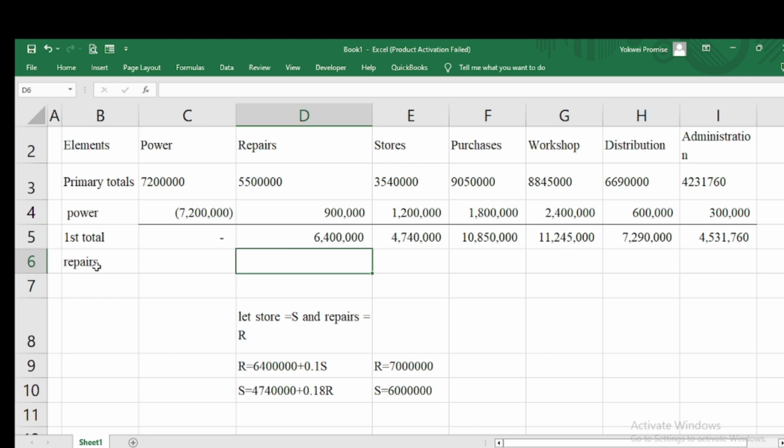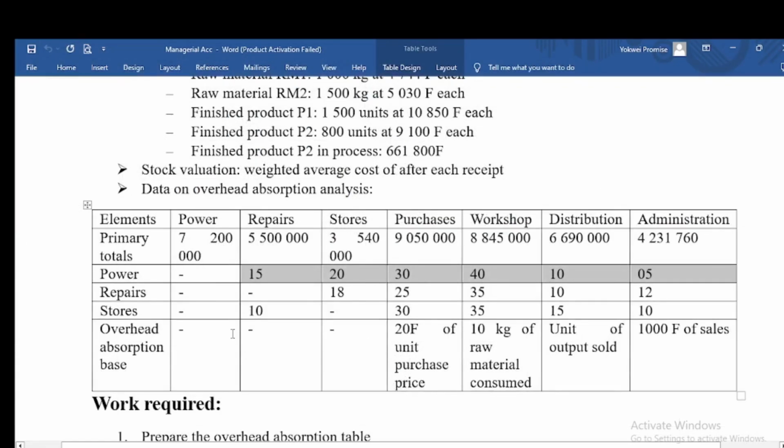Our repairs will be given to itself 7 million, and then the 7 million is going to be shared according to this rate, 18, 25, this.